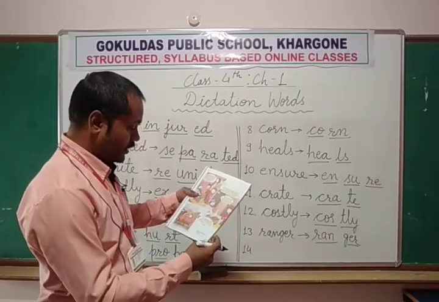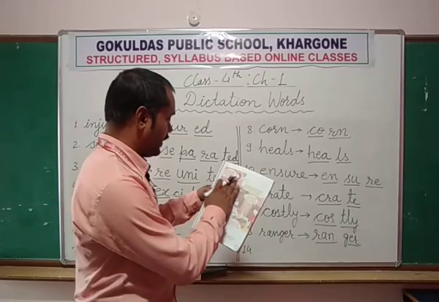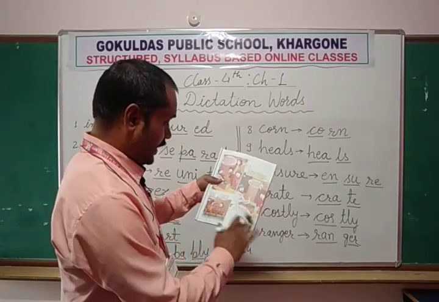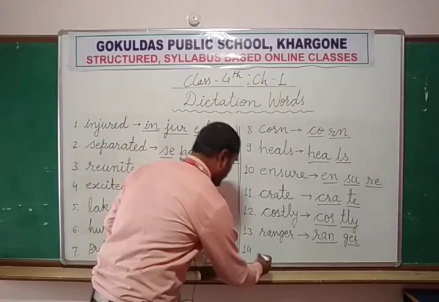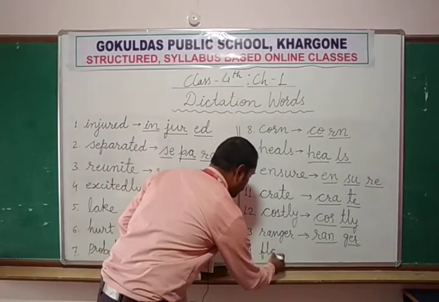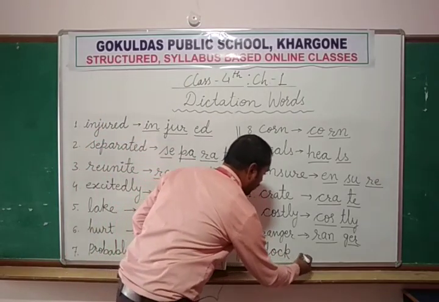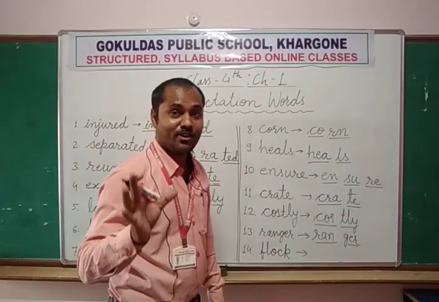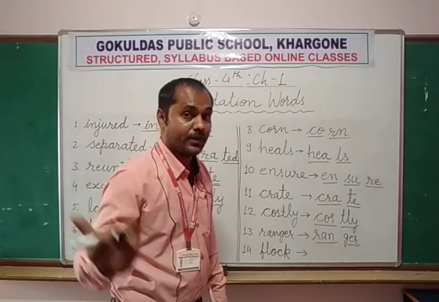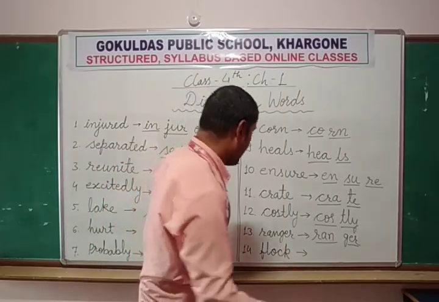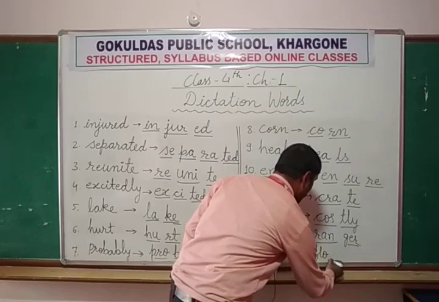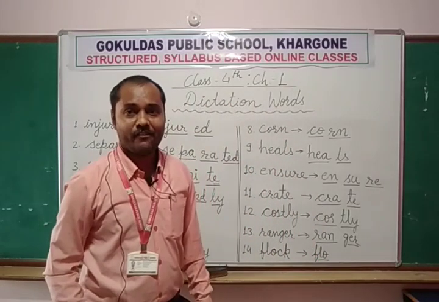Now on the last page, number 5, if we found any difficult word, yes, flock. F-L-O-C-K, flock. Do you remember what the meaning of flock is? I explained it in the previous video when we were explaining the chapter, FLO, that is called flow.